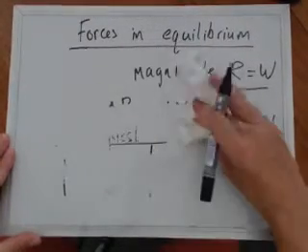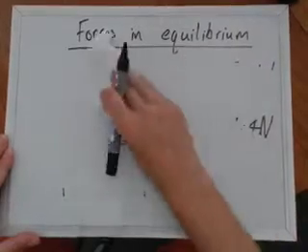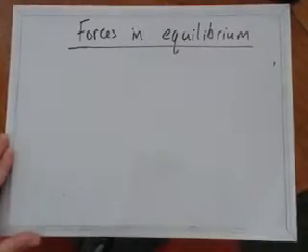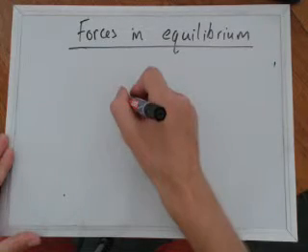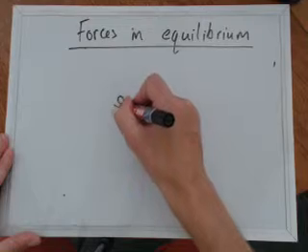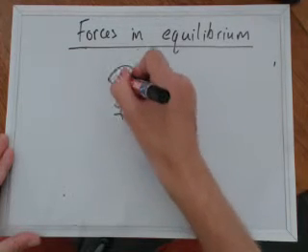Another situation where they are balanced is, for instance, well, let's bring in air resistance. If you had some chap who is skydiving, and I'm going to give him a parachute.